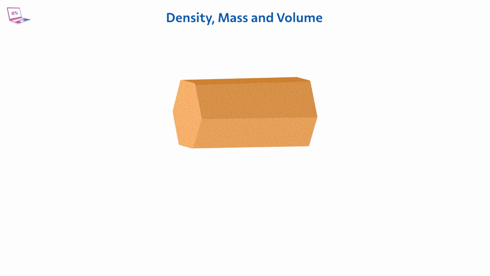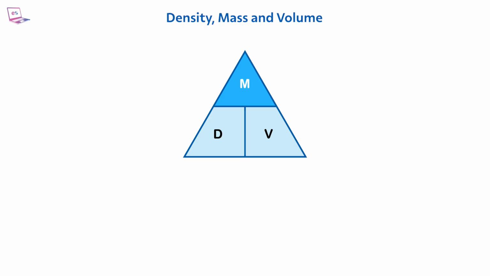A block of wood has a density of 0.8 grams per cubic centimeter and a volume of 250 cubic centimeters. Work out the mass of the block of wood. Here, the density and volume of the wood are given, and you need to find the mass of the wood. Let's use the formula triangle.